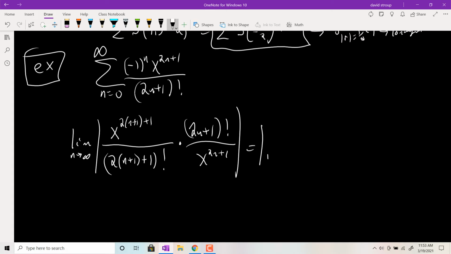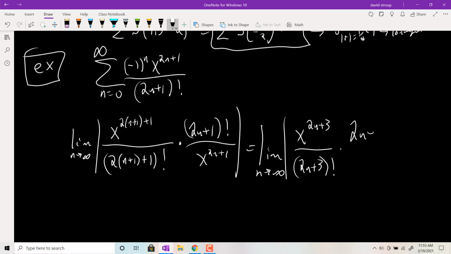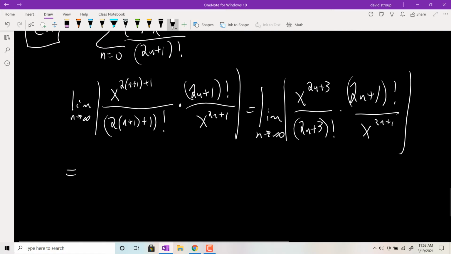Okay, so this will be then the limit as n goes to infinity of the absolute value of x to the 2n plus 2 plus 1, which is 2n plus 3, all over 2n plus 3 factorial, times 2n plus 1 factorial all over x to the 2n plus 1. Okay. I'm going to rewrite that factorial and write the fractions.